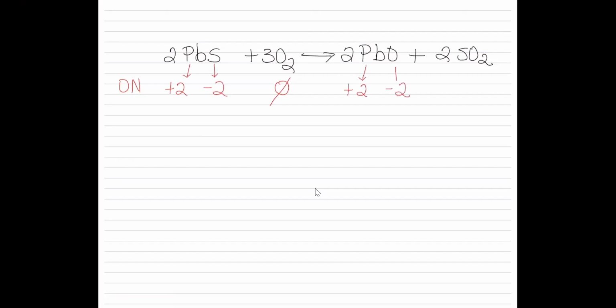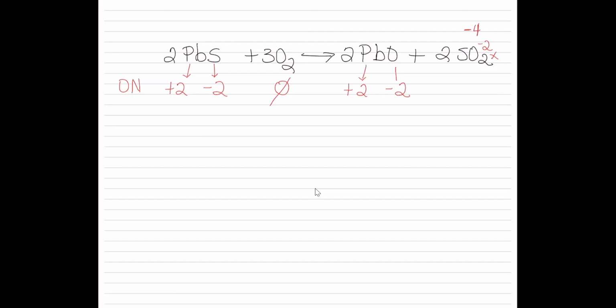Lastly, SO2, sulfur dioxide, is a covalent compound. So the way that we're going to determine its oxidation number is by saying, okay, the second nonmetal has an oxidation number of -2. When we multiply it by the subscript, that gives us a total of -4.